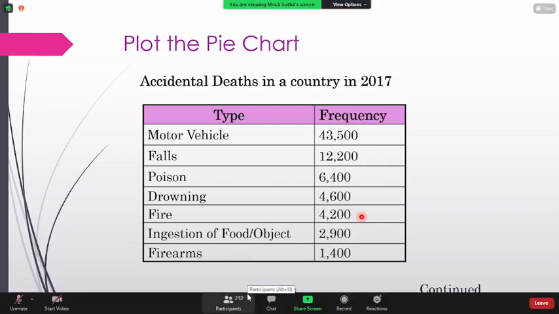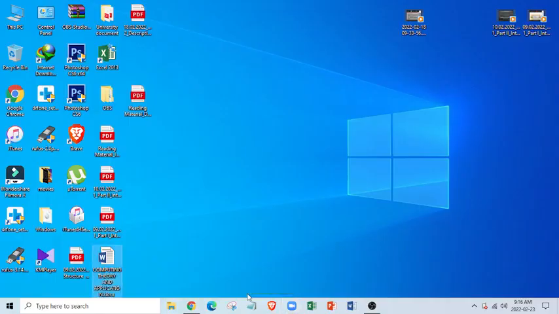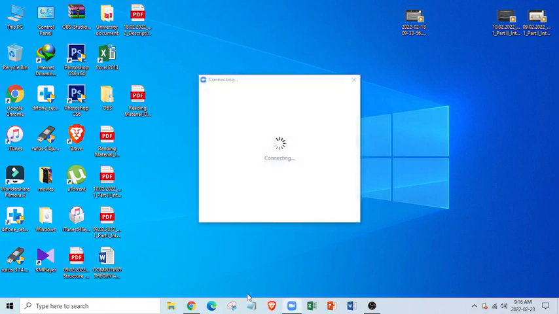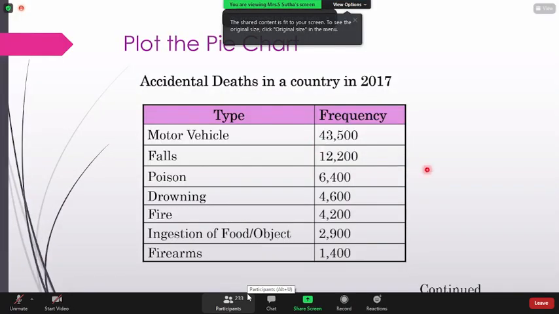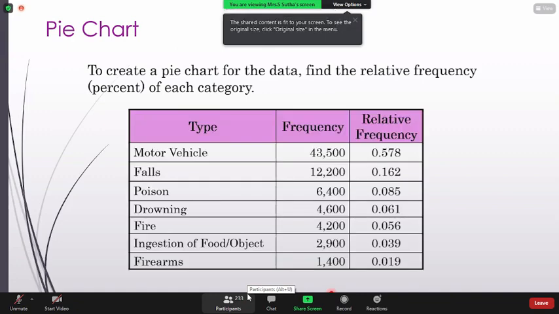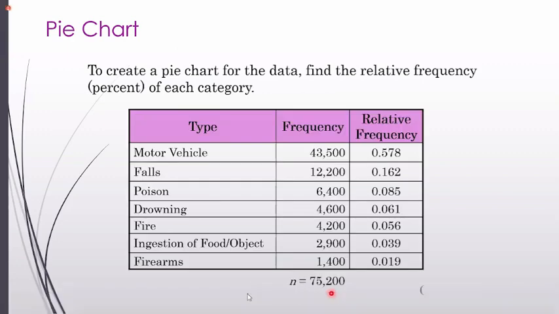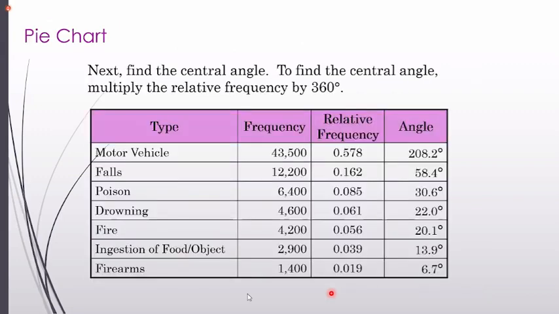Then you can plot the pie chart, right? So we calculate the relative frequency and then we calculate the angle, right? Angle or area.